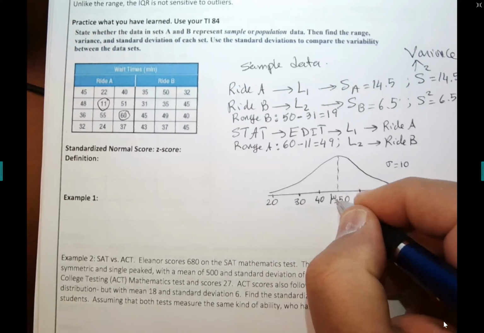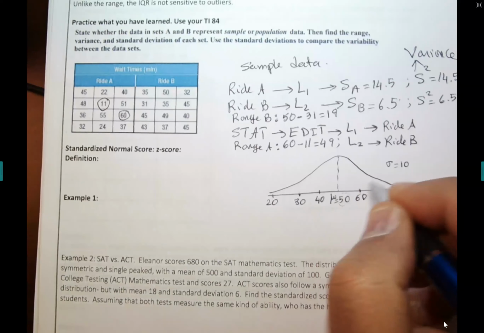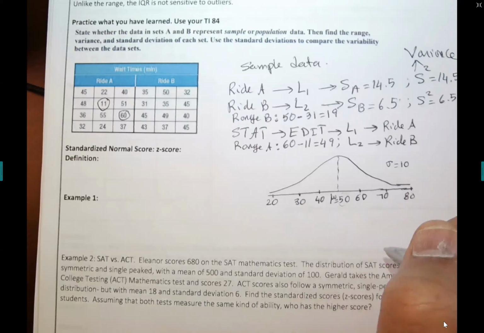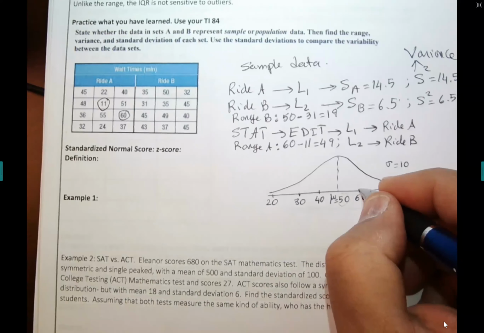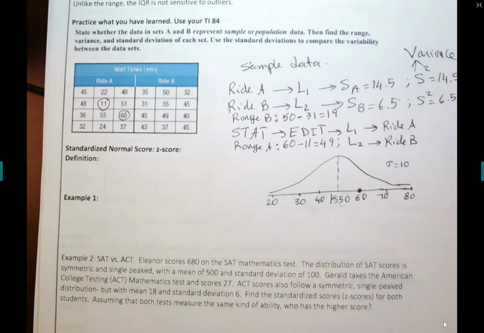Let's say the average score, let's say this is a test score, was 50 and the standard deviation is 10. Someone scores 60. If I ask you how high above the mean this person scored, what would you tell me? What's the difference between 60 and 50?